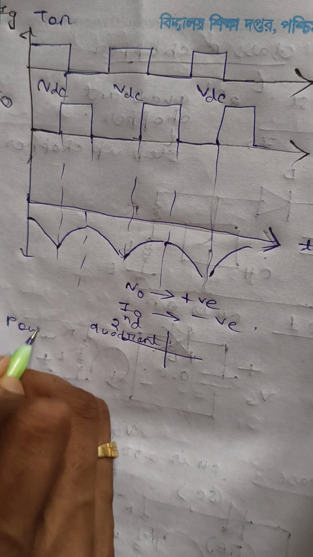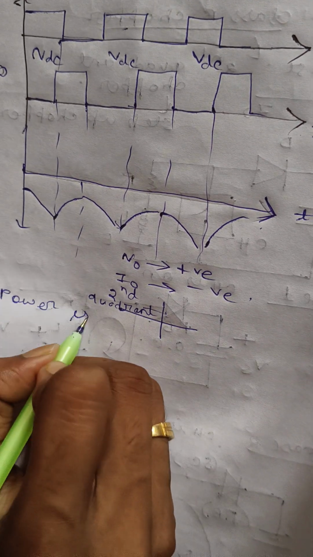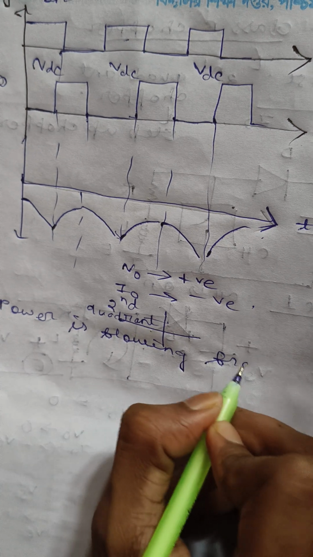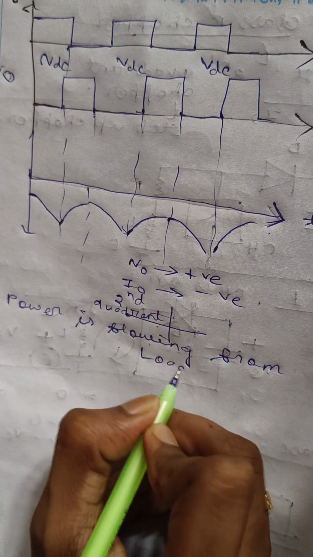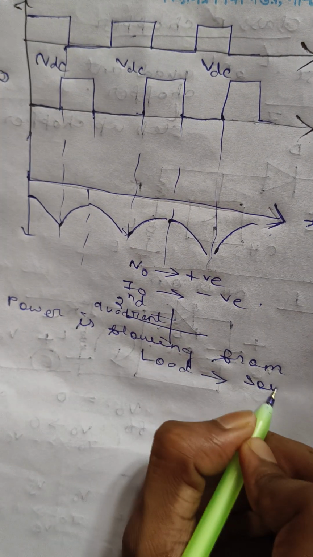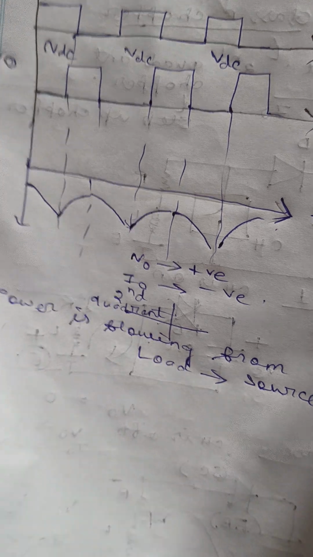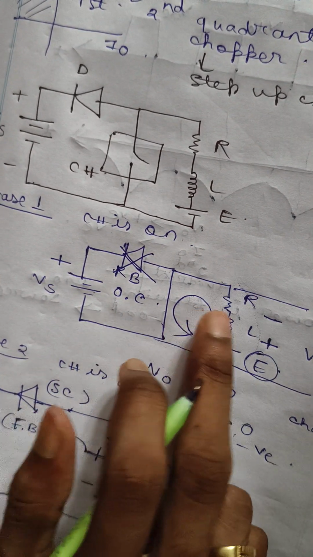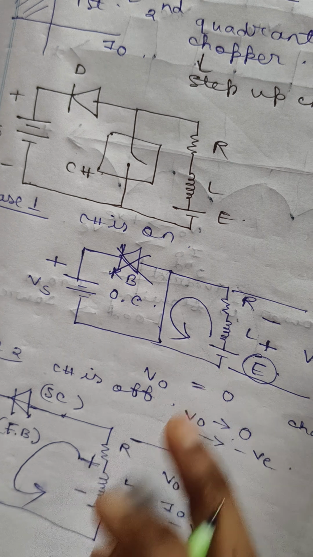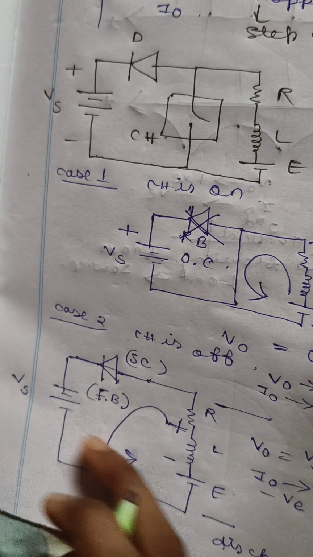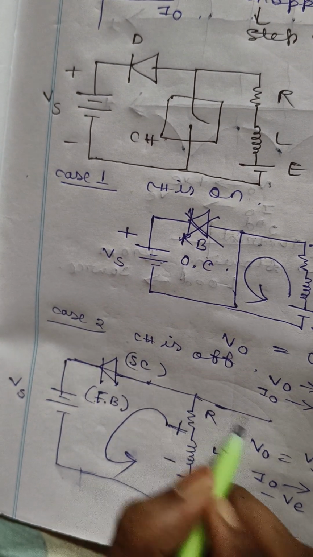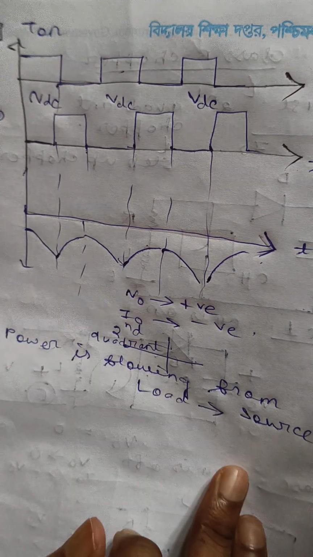Why am I saying that power is flowing from load to source? Because in the load to source direction power is flowing. That is why the output current I0 is negative.